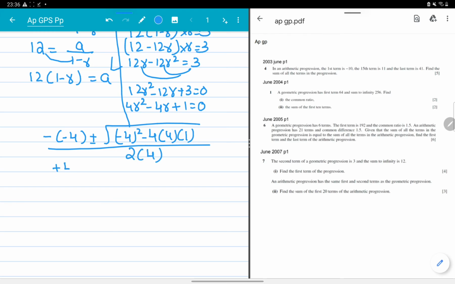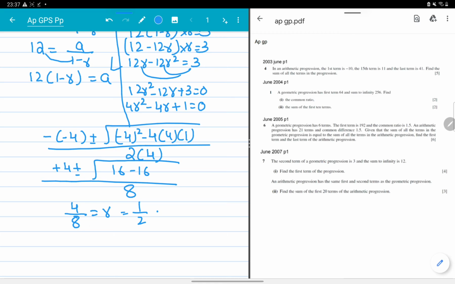So this becomes 4 plus minus root 16 minus 16, over 8. So 16 minus 16 gives you 0. So we have our common ratio, which is half. So this is our common ratio.